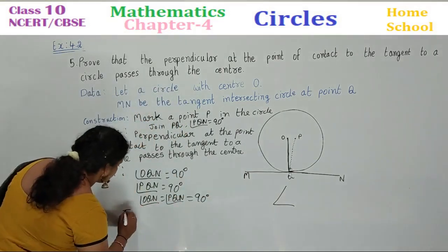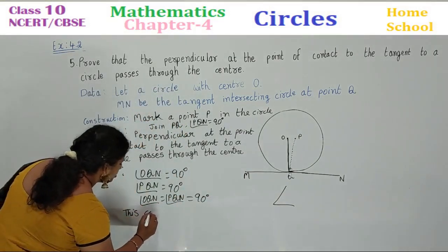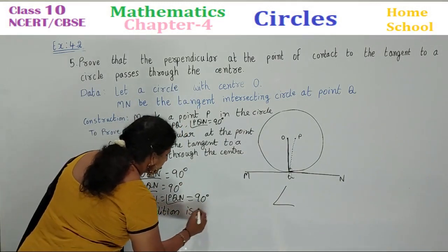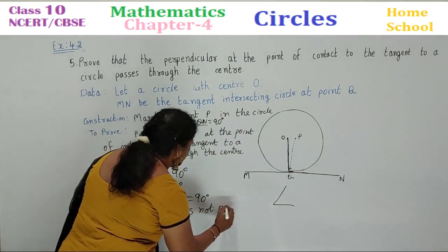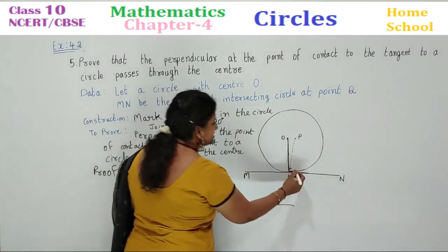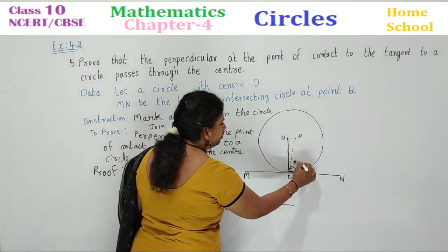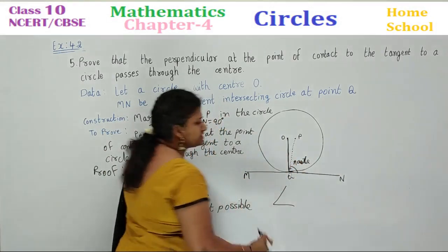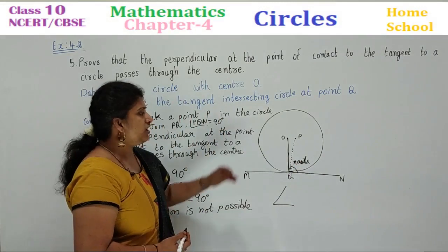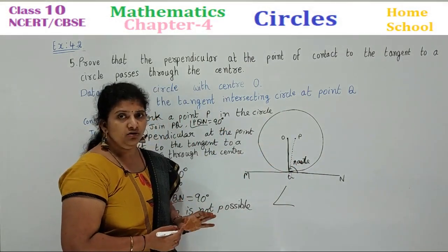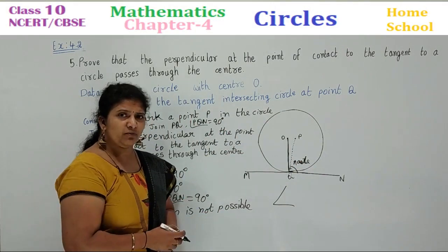So, this condition is not possible. Why is it not possible, children? By looking itself, this makes an acute angle. So how can I say this line is perpendicular? So when will this condition be possible?